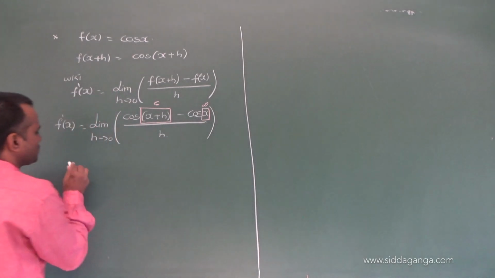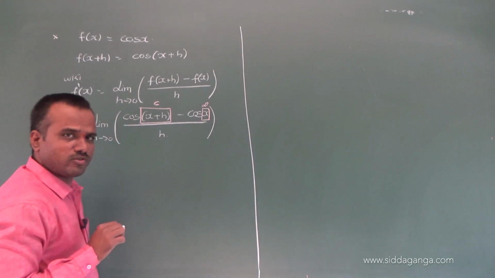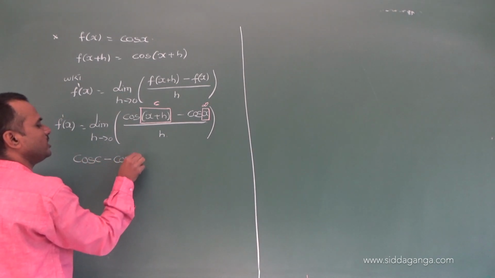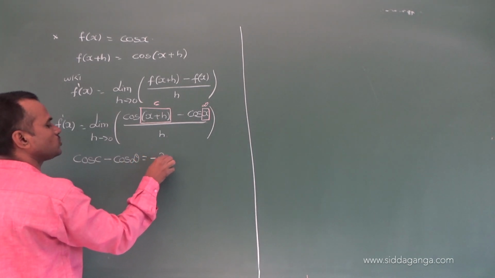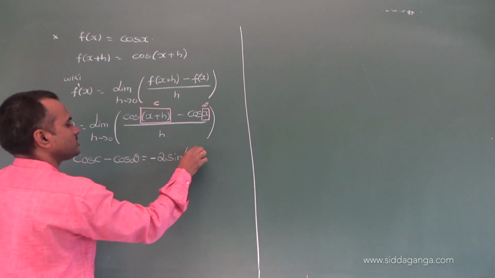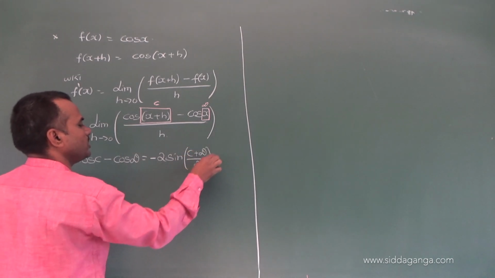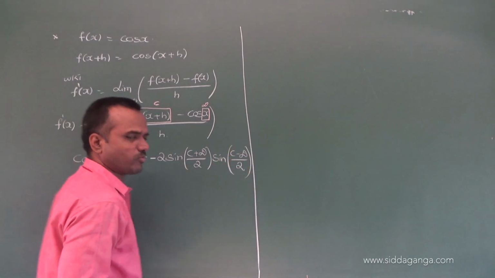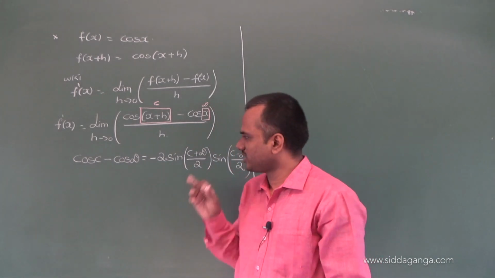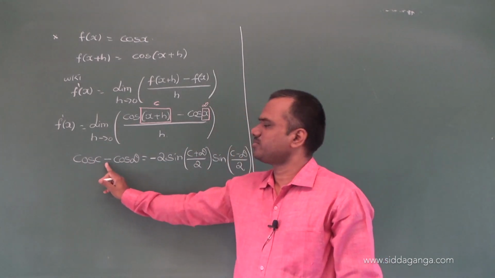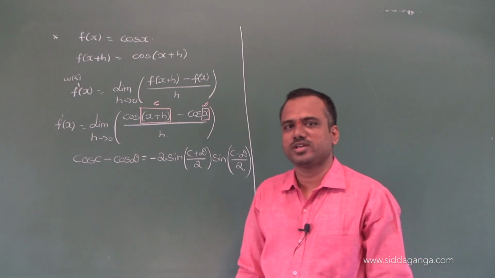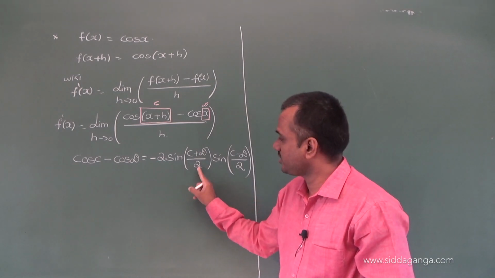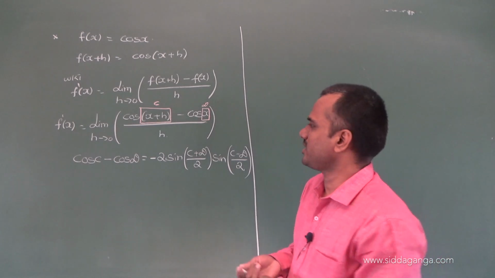We use cos C minus cos D. In trigonometry, you already know this transformation formula: cos C minus cos D is equal to minus 2 sine of C plus D by 2 into sine of C minus D by 2.